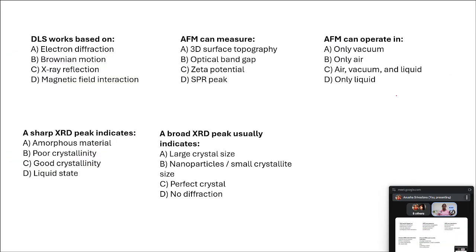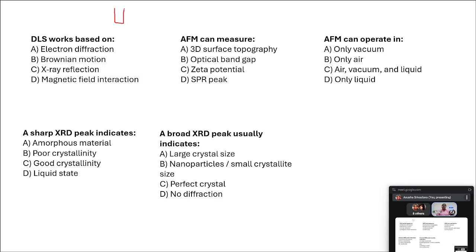Now, some more questions before we end this session. Okay, let's write answers one by one. For the first one, DLS works based on, this is a very simple thing I mentioned in the slide also. This is a very basic one we have seen.